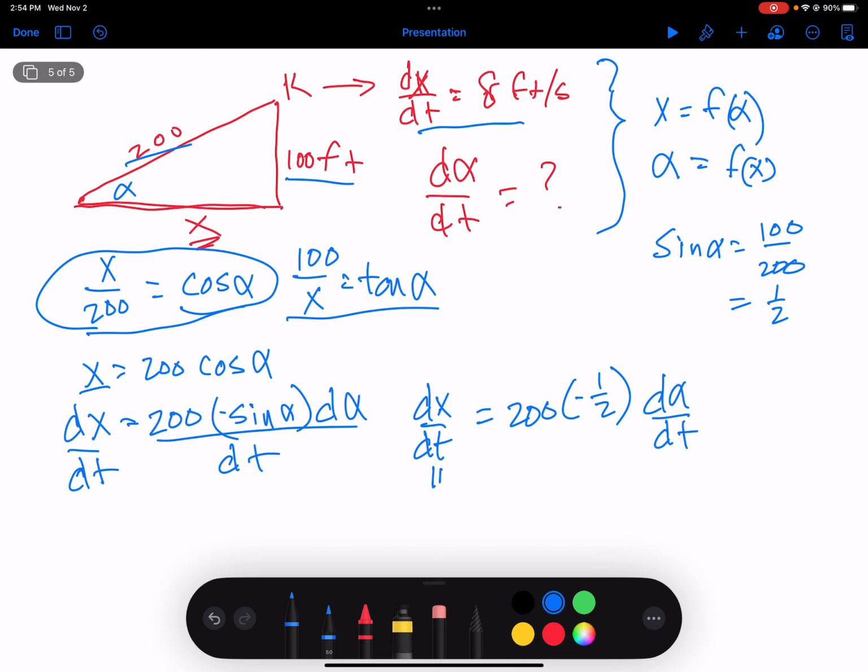And we know that we're given this, that's 8. So 8 equals negative 100 d alpha/dt, or in other words, d alpha/dt equals negative 8 over 100. And you can simplify that fraction or turn it into a decimal, but that's your answer.